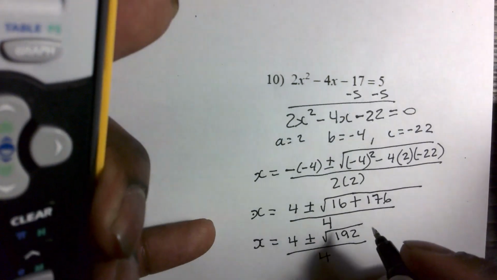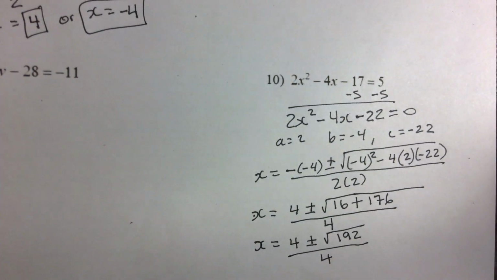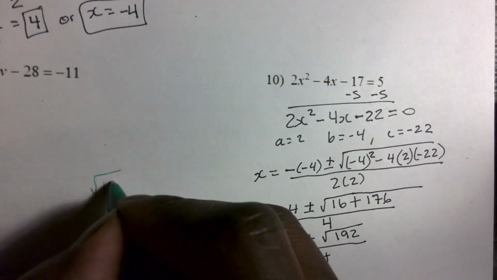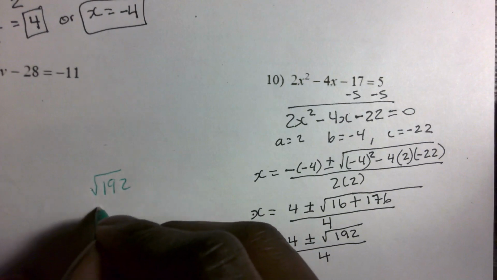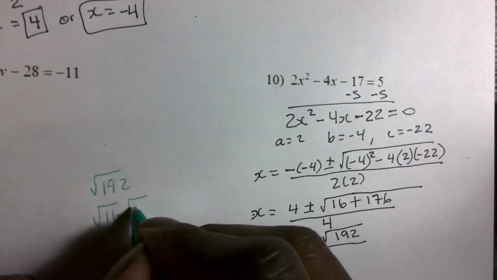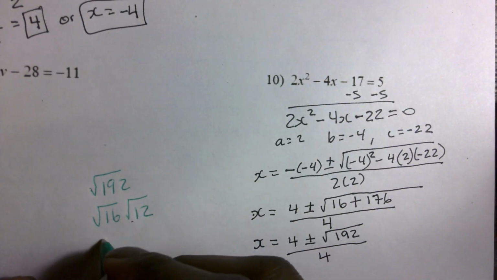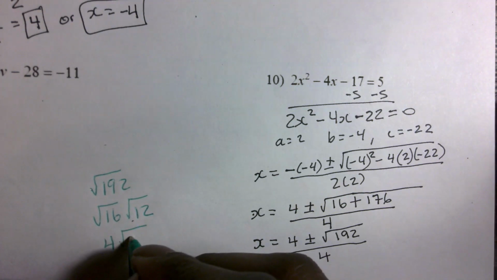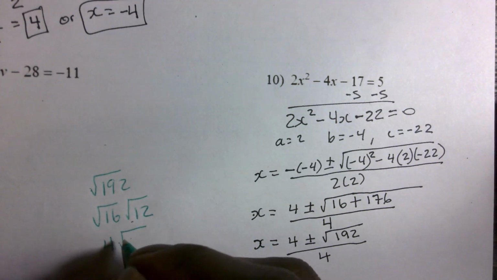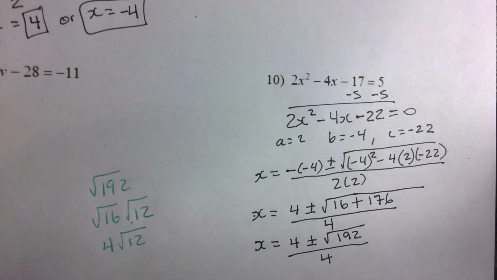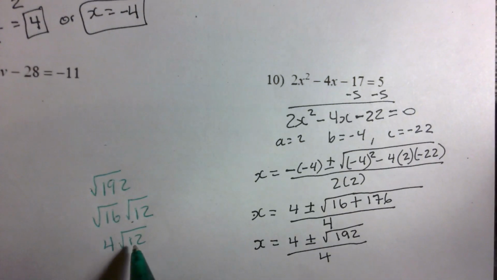Now we're going to simplify this. The root of 192 is the same as the root of 16 times the root of 12, which gives me 4 root 12.